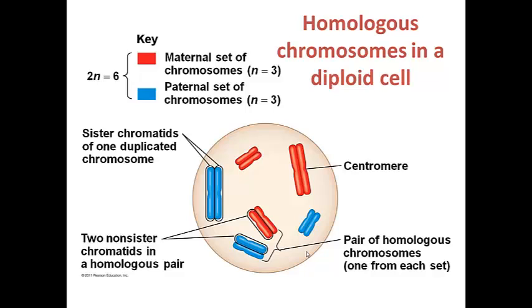So in meiosis, now we have homologous chromosomes in a diploid cell. Here we have our 3 maternal chromosomes, here we have our 3 paternal chromosomes, and each one of these chromosomes has a pair of sister chromatids.